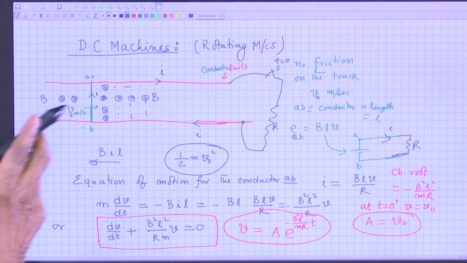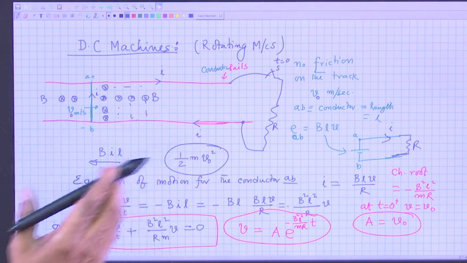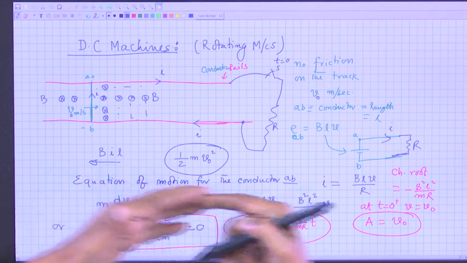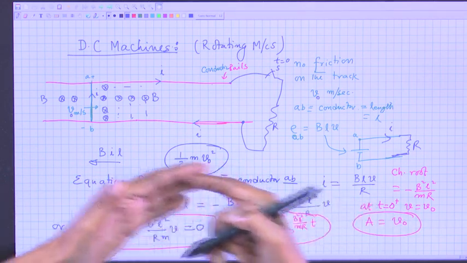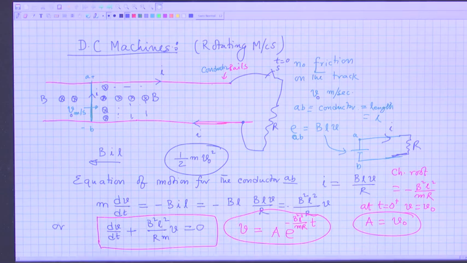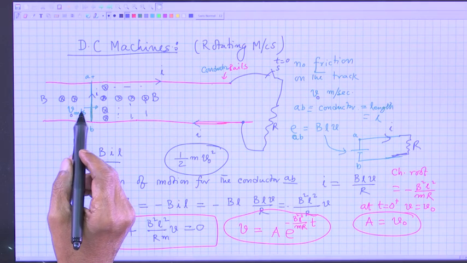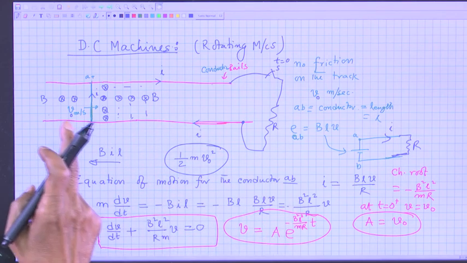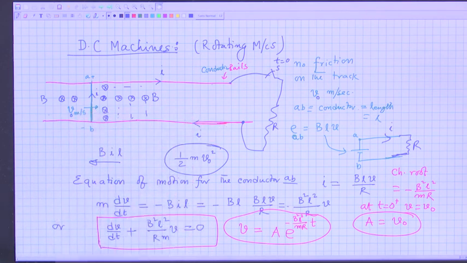You must apply another force from left to right to compensate for that opposing force. So, that once again net force will be 0 and it will run at a constant velocity. Got the idea? That is, you must have a prime mover which will push this conductor hard.